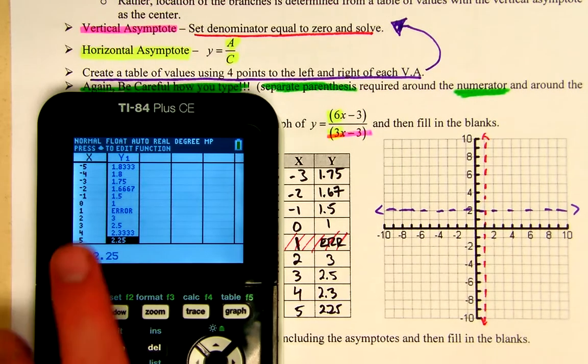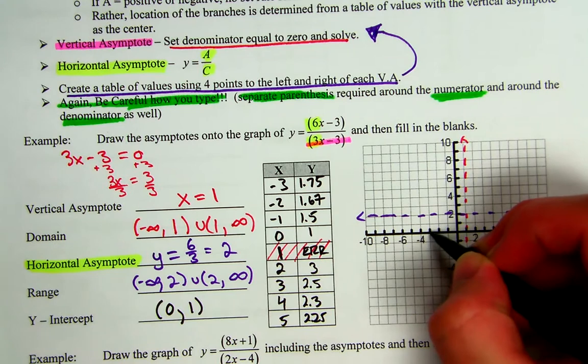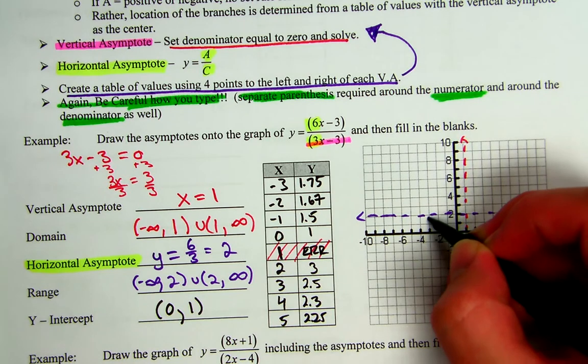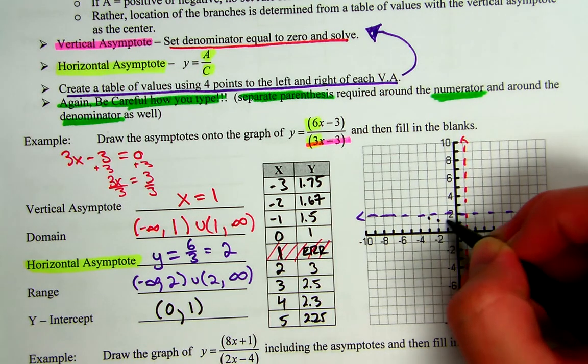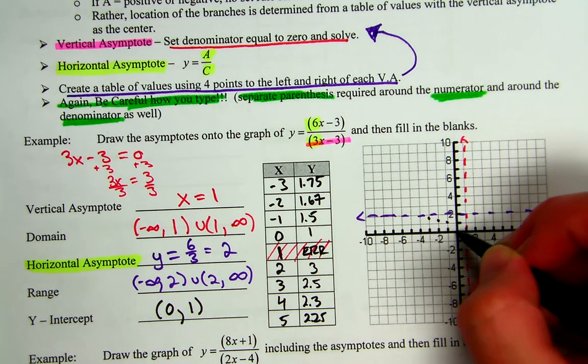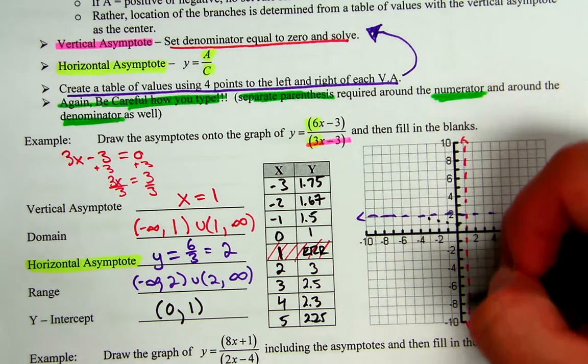Now we just have to plot this to get our graph. At -3, we go to 1.75, so we're up here. -2, 1.6, -1, 1.5, then 0, 1, and then at 1 we've got an error, so we're curving towards here.